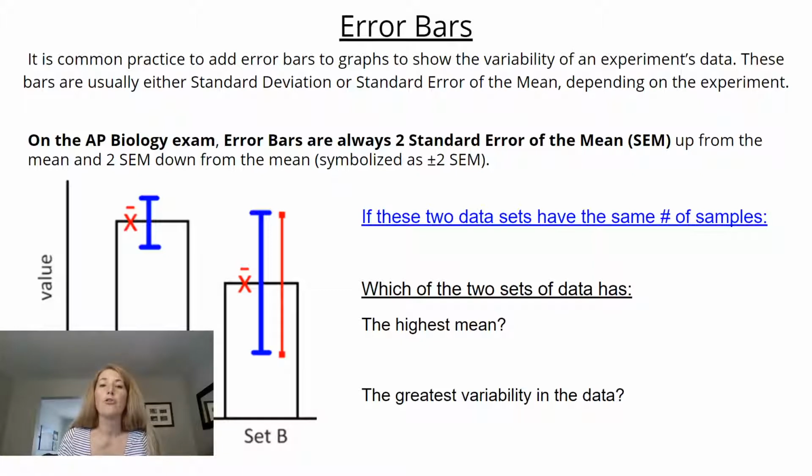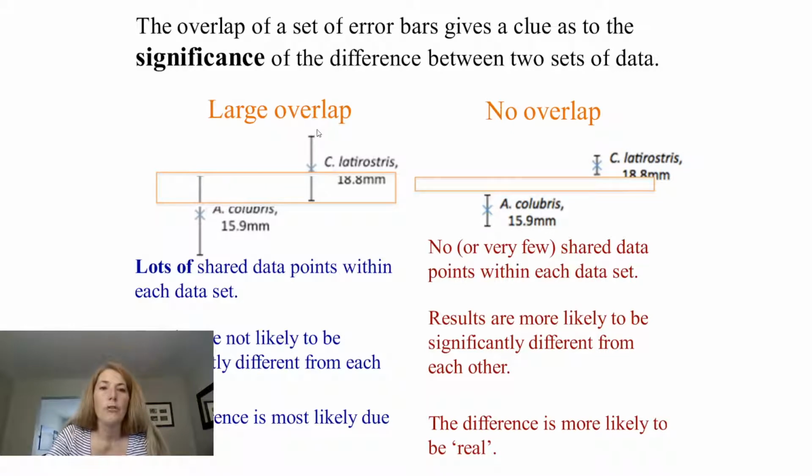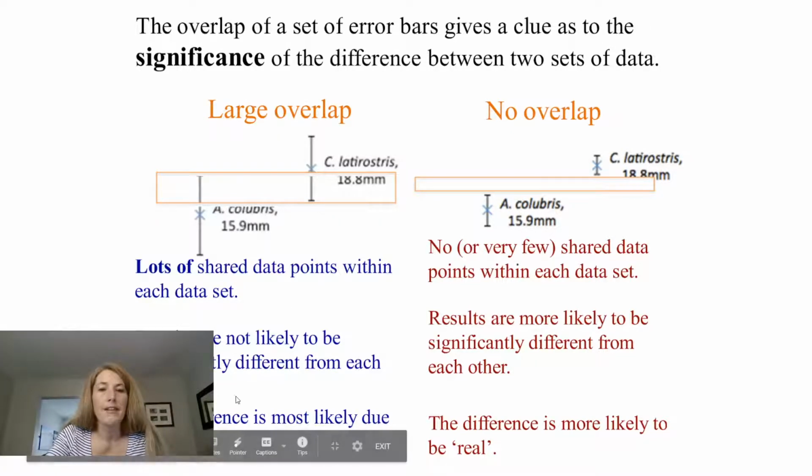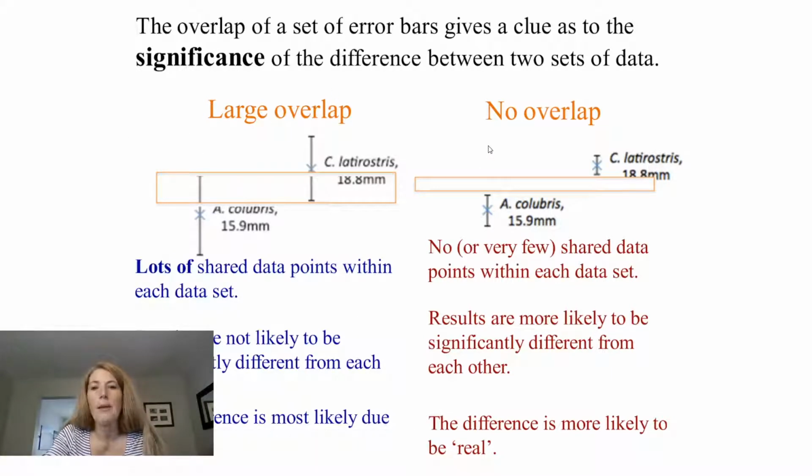If the error bars do not overlap, then you say it is statistically significant that the reason for all these birds having longer beaks than these other birds is not just random. So if you see a large overlap, they're not significantly different from each other, and the difference is due to randomness. And if you see no overlap, then you say the difference must be real.